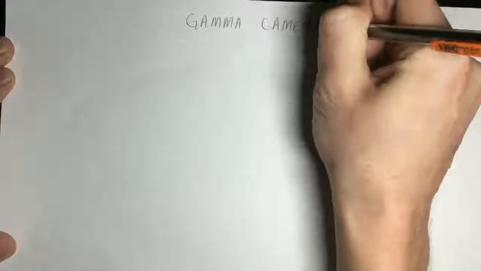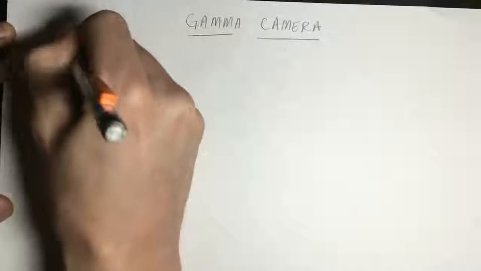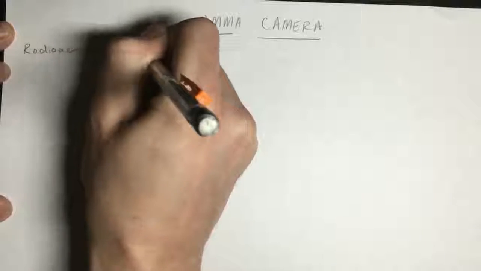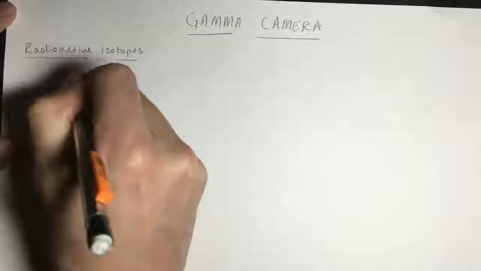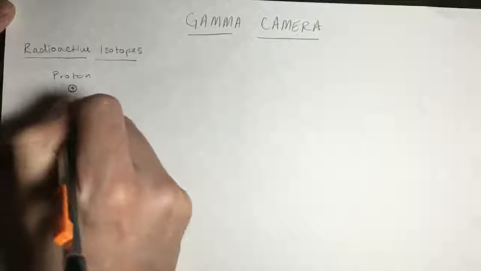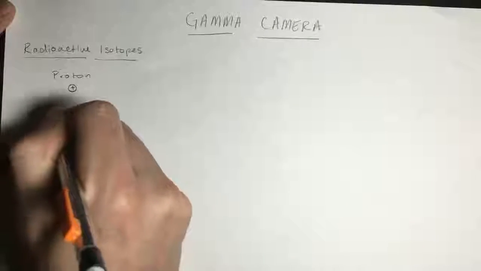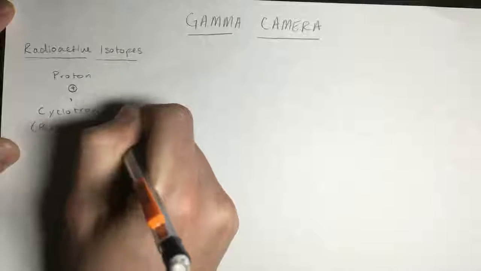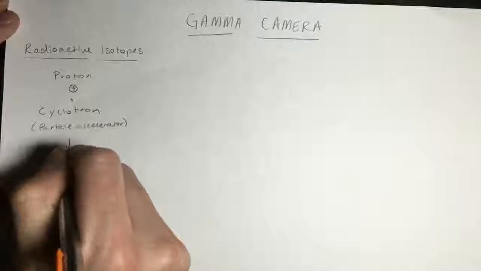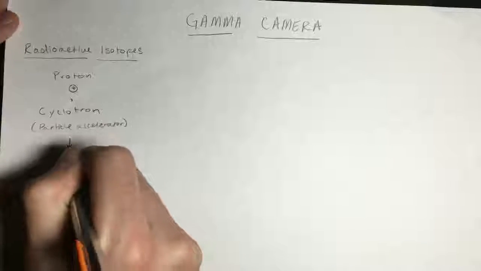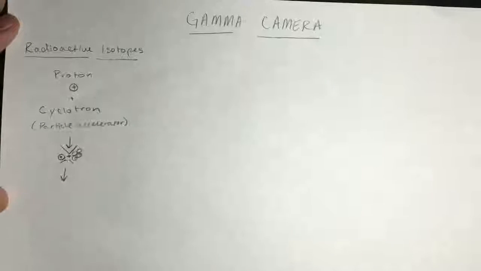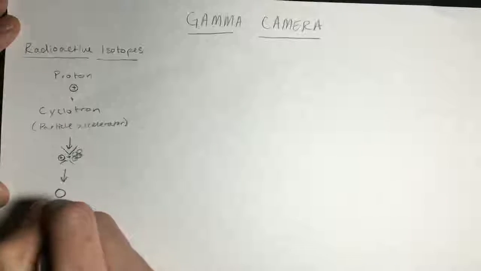Gamma camera, form of nuclear medicine. First of all, radioactive isotopes are created when a proton is introduced to a cyclotron, or a particle accelerator. The proton is accelerated towards a stable atom where they collide, creating an unstable nucleus, producing a radionuclide.